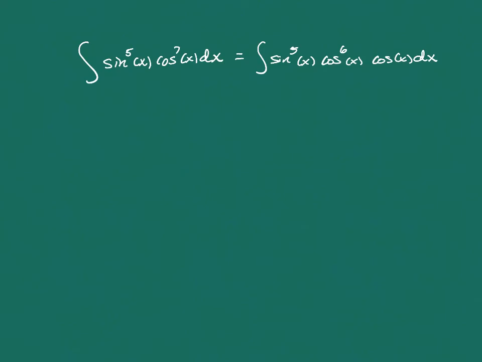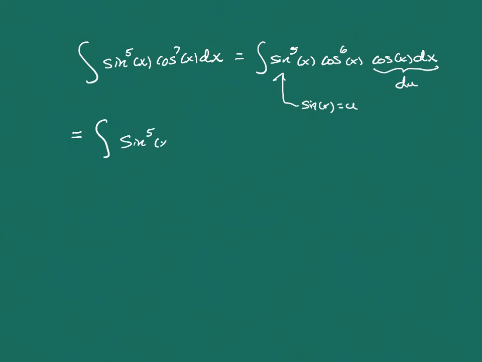And so now the cosine of x dx will become part of my du, with u being sine. Since the power on cosine was odd, I take one power away. Now I've got an even power, and I can rewrite my remaining powers of cosine with my trig identity.